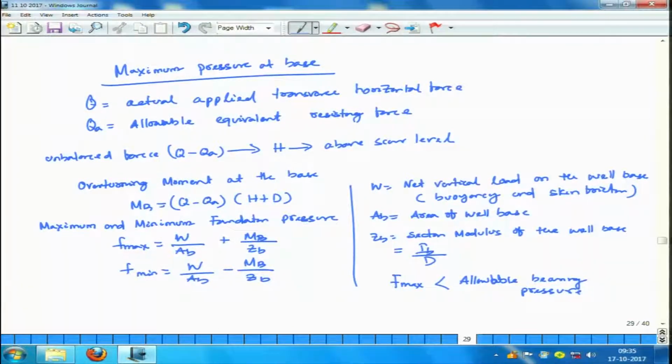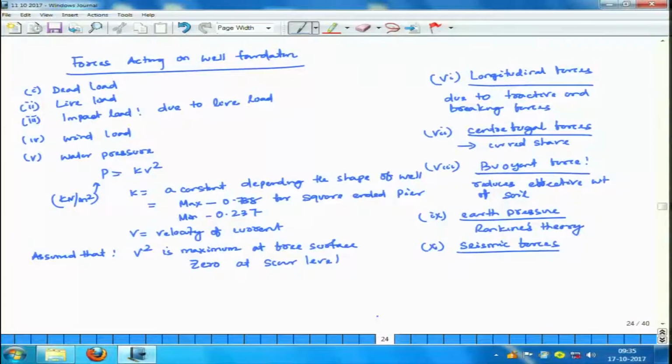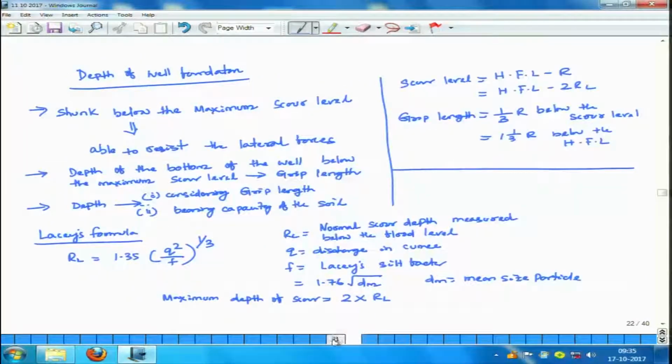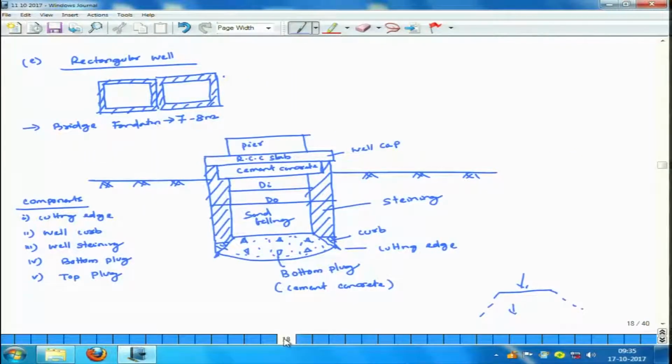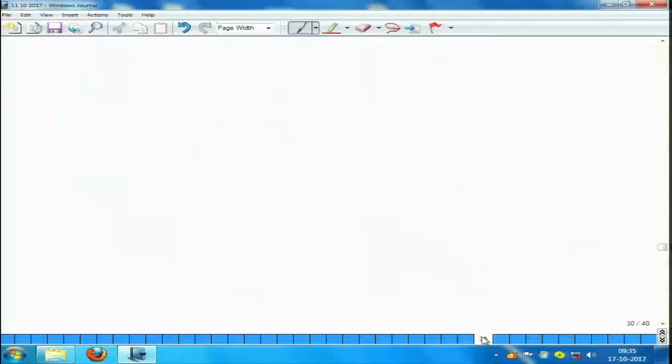Otherwise, it will be very difficult for the well foundation design. So, the next part is your maximum moment in steining. Where is your steining? Look here. Both the sides, that is your steining, maximum moment at the steining has to also be calculated.